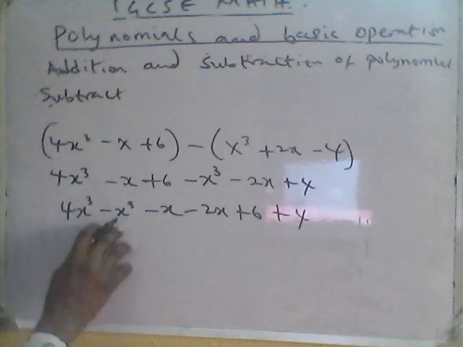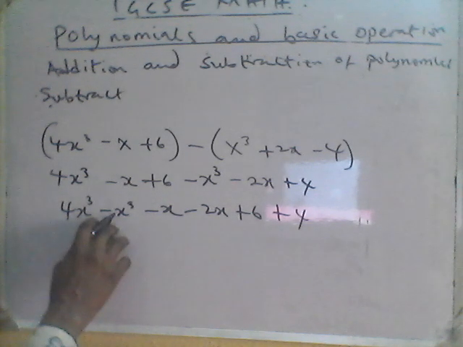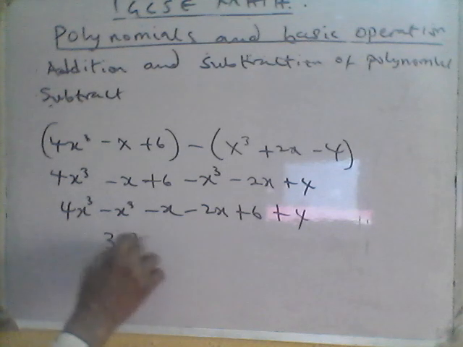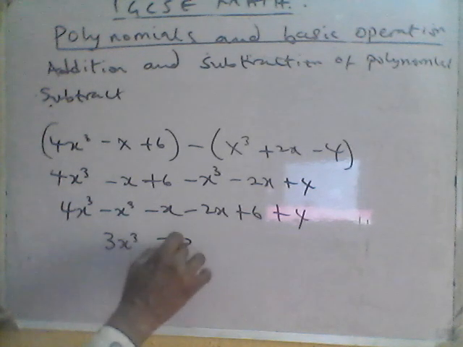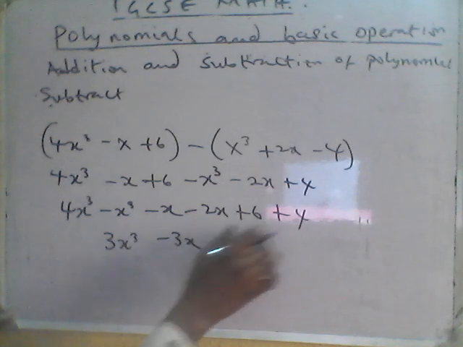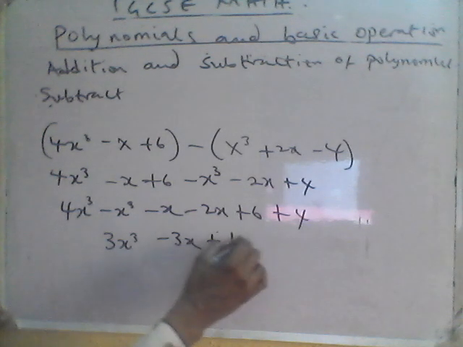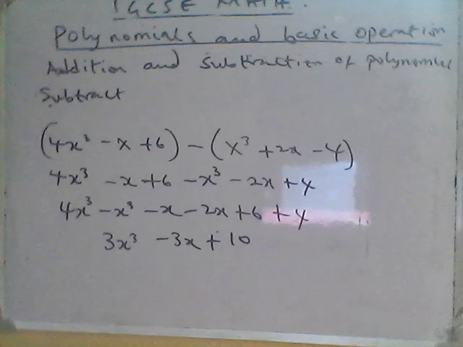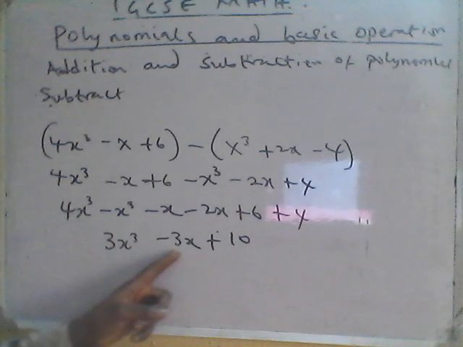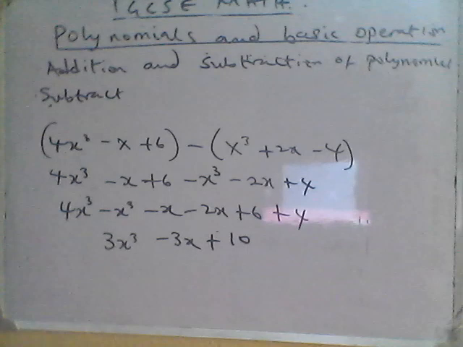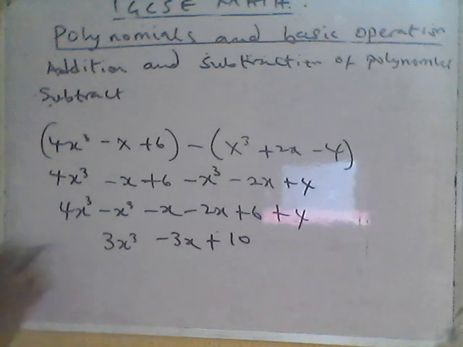So 4 minus 1 is 3x cubed, then minus x minus 2x is minus 3x, and 6 plus 4 will give me plus 10. So this is the final answer. What I have here is 3x cubed minus 3x plus 10. That will give me the final answer.